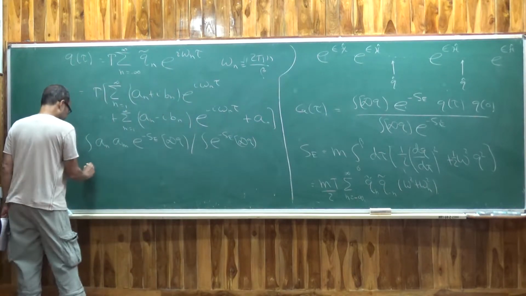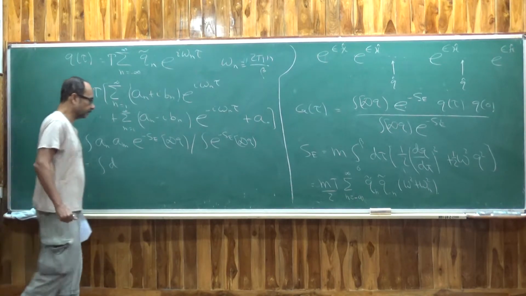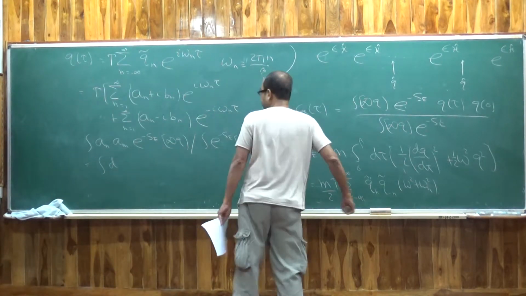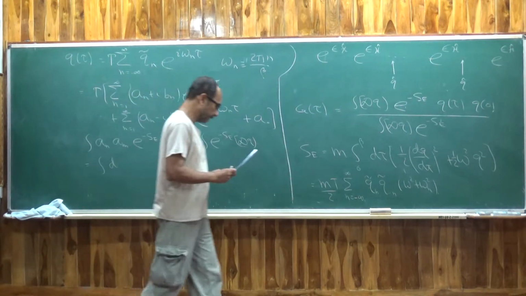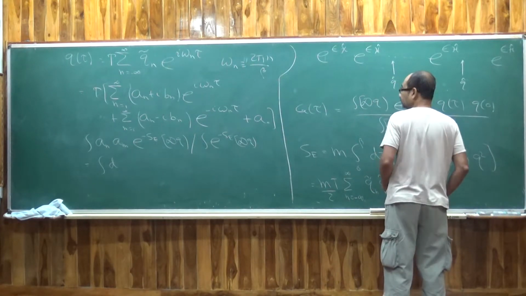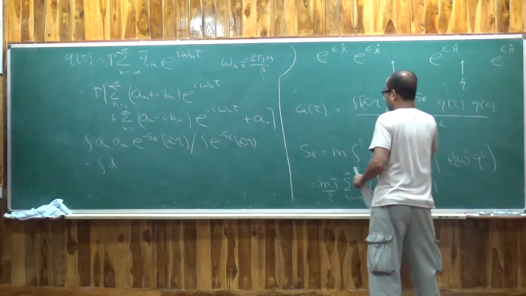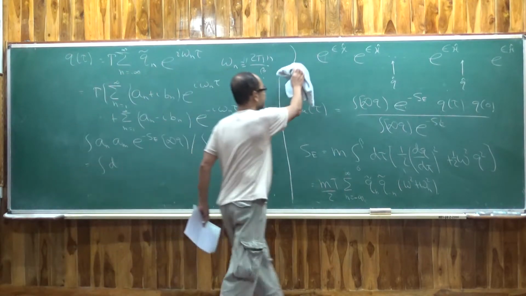The only relevant integral is that, first of all, you can see that I didn't write the action in terms of a_n and b_n. Let me do that here. So let me write S_E in terms of a_n and b_n.